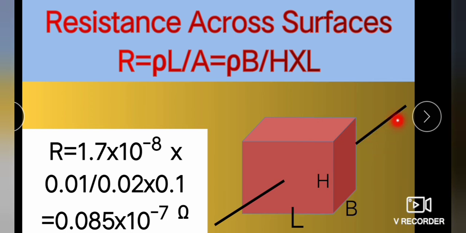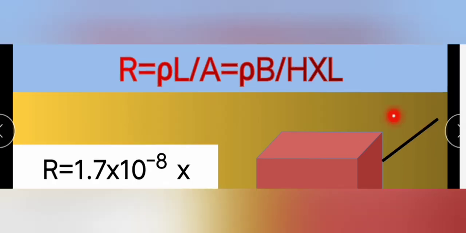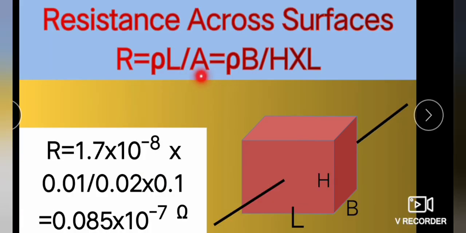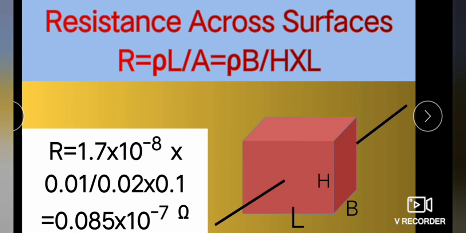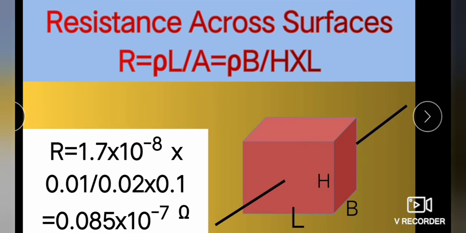And if the battery is connected across the back and front surfaces, which length will you consider and which area will you consider? This is very important. If you make mistakes, the answer goes wrong. In this video lecture, we will study how to solve such challenging questions.